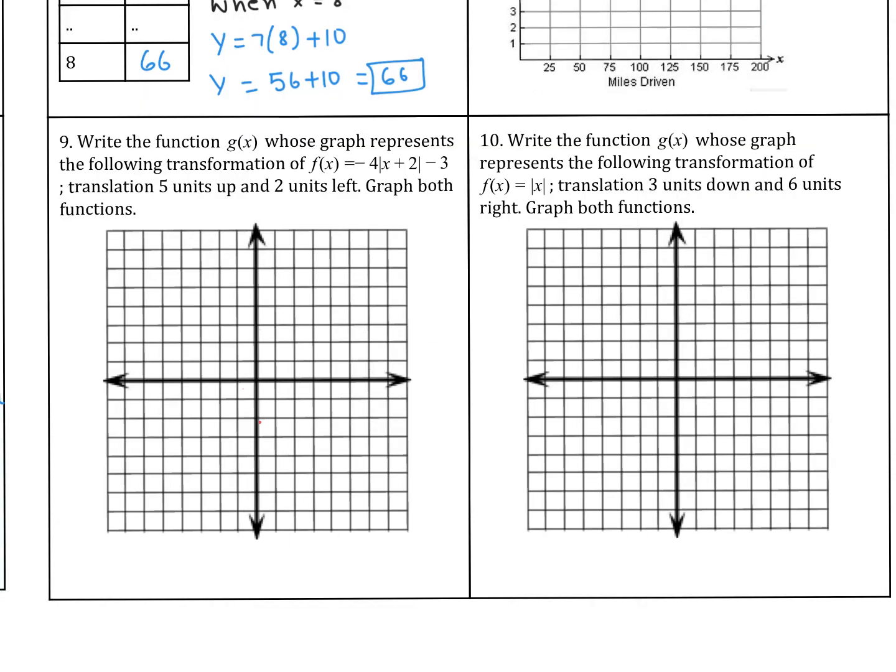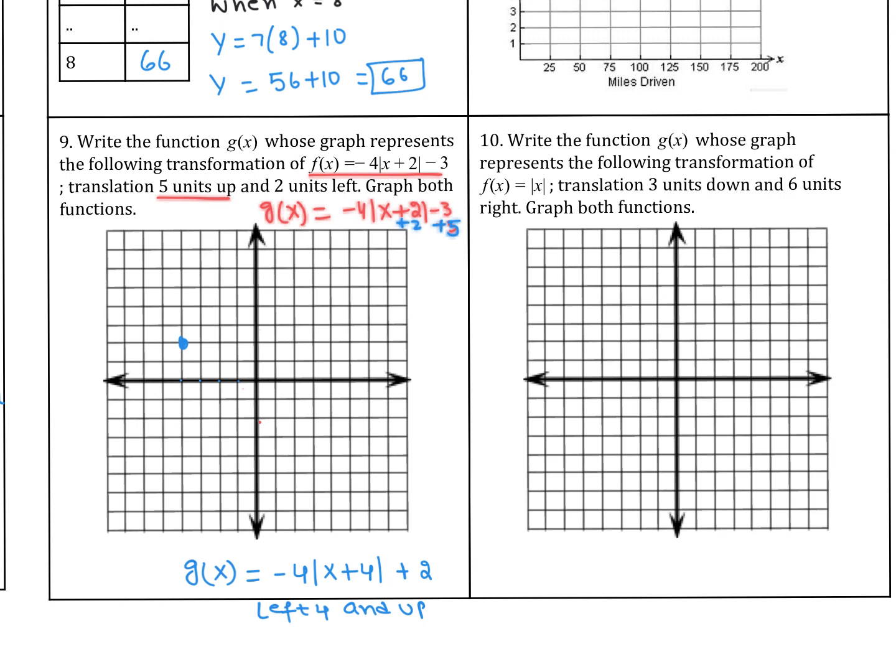For number 9, you're going to write down the function g(x) whose graph represents the following transformation. It's already f(x) is given this way. If you want to write the g(x), that is 5 units up, it means you're going to add +5 on the outside. 2 units left means you're going to add 2 on the inside.